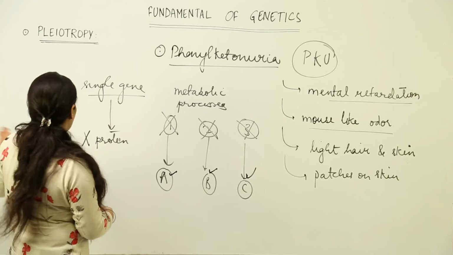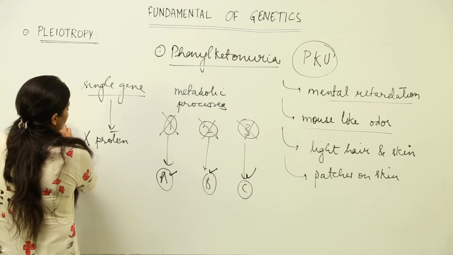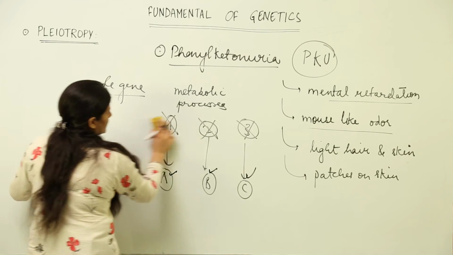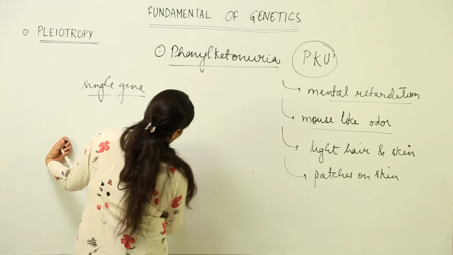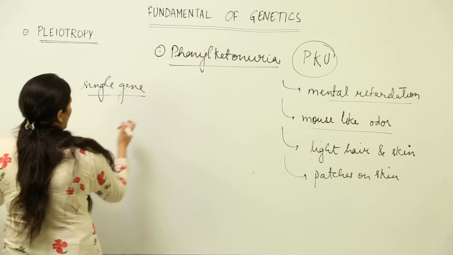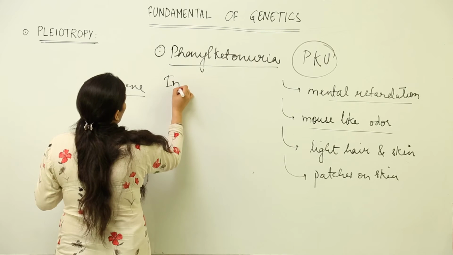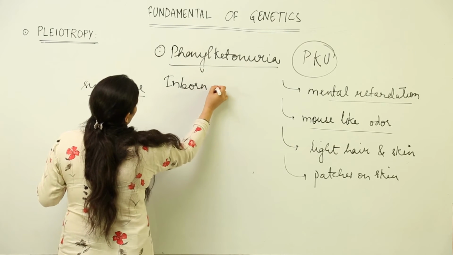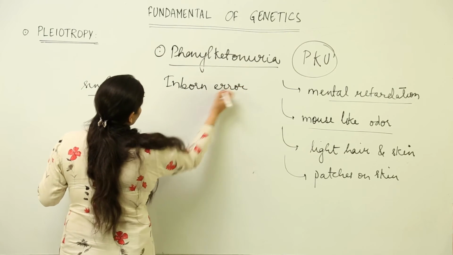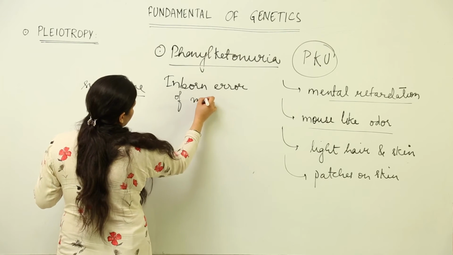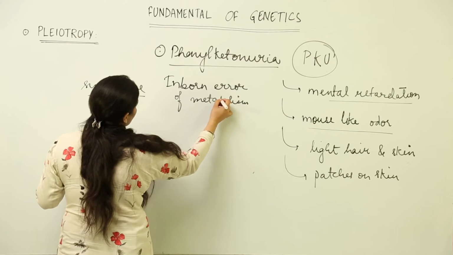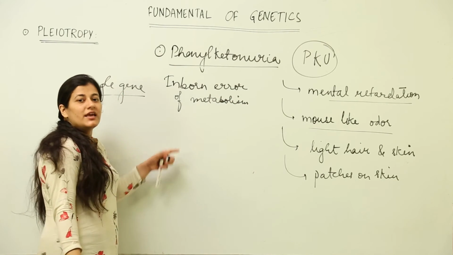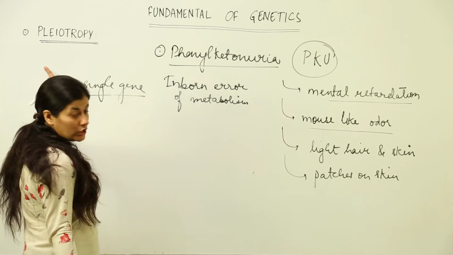Now what is that protein? That also you have to remember. The single gene that is altered leads to the condition known as inborn error of metabolism. So phenylketonuria is an inborn error of metabolism and is studied as an example of pleiotropy in human beings.